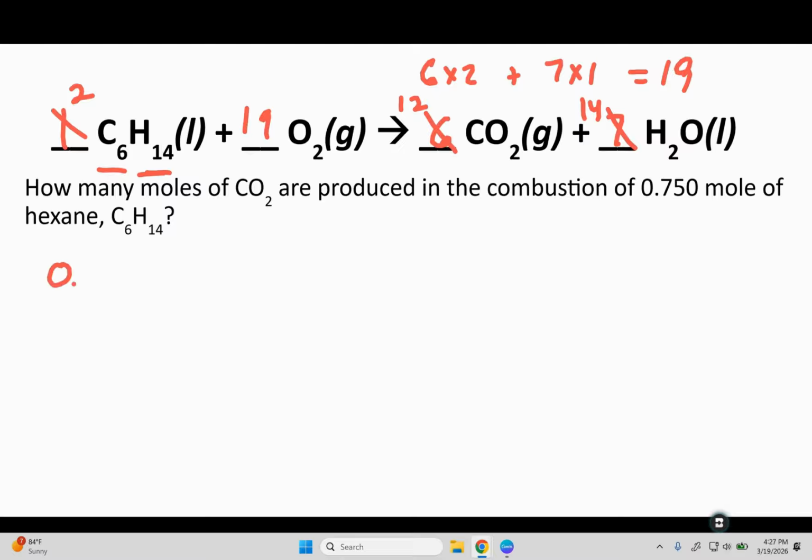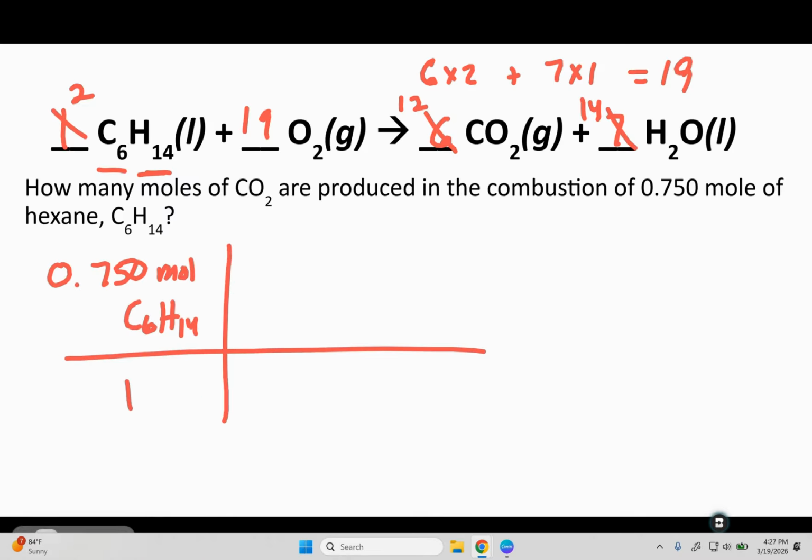This is moles to moles, so it's going to be 2 fractions. Moles of C6H14 on the bottom, moles of CO2 on the top, because that's what I'm looking for.